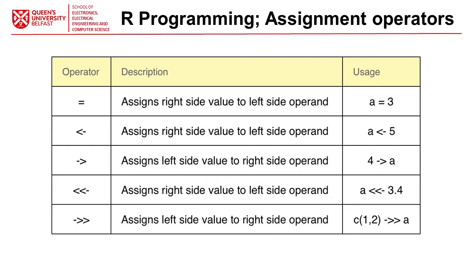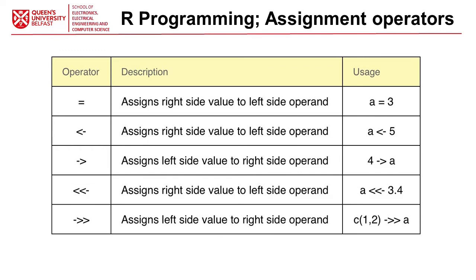I would prefer mostly the less than dash as an operator, or you can use dash greater than, with which you assign your value to the right hand side variable. Again, you can use this assignment or this one. Here you assign this vector to A.